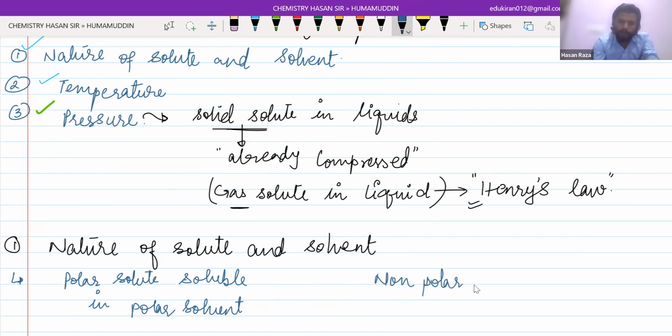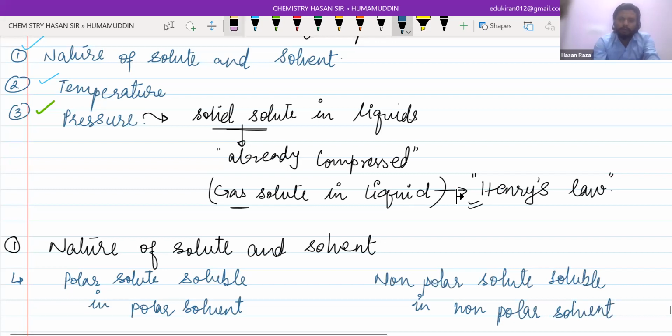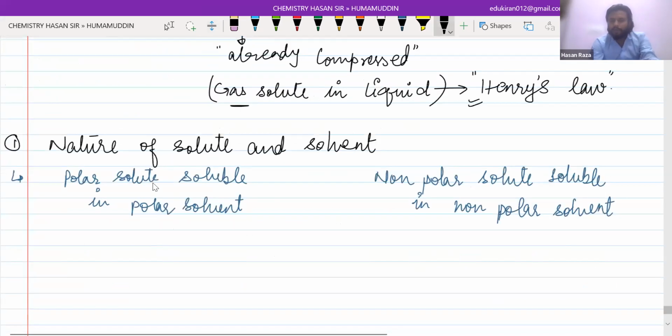Generally it happens. Non-polar solute, soluble in non-polar solvent.